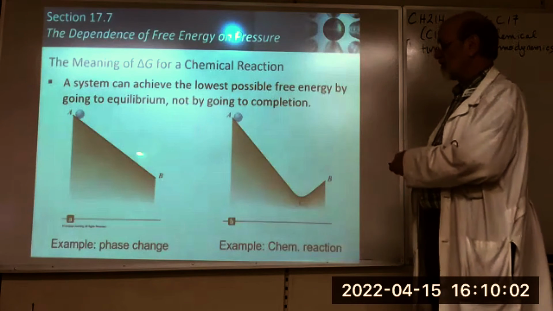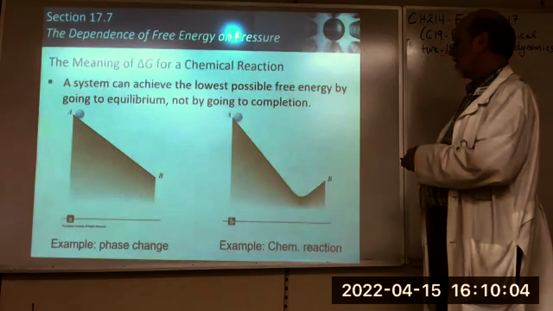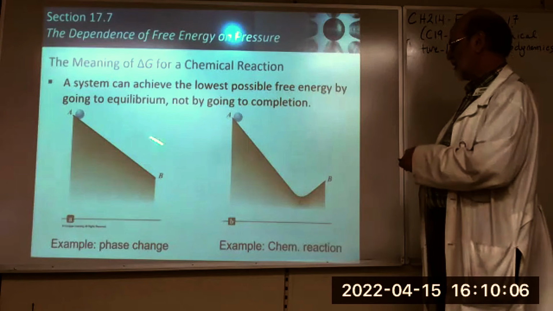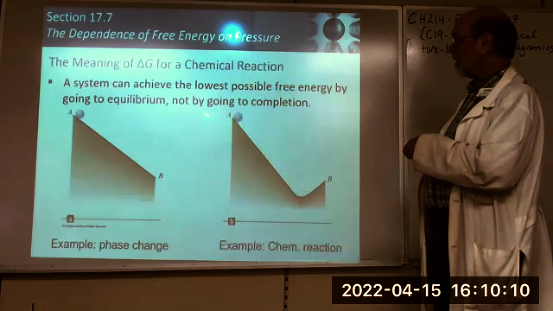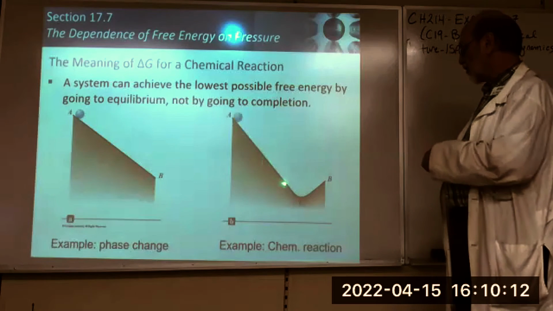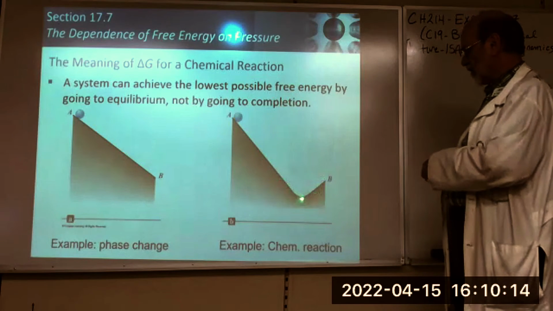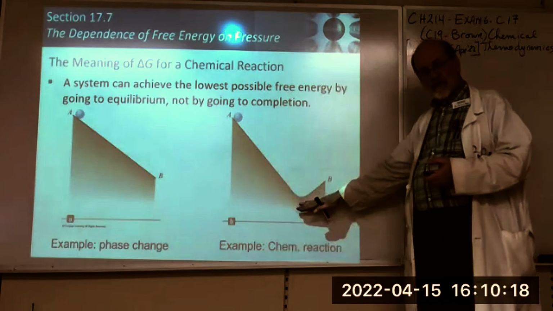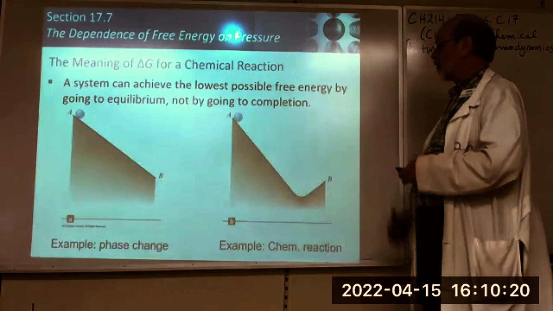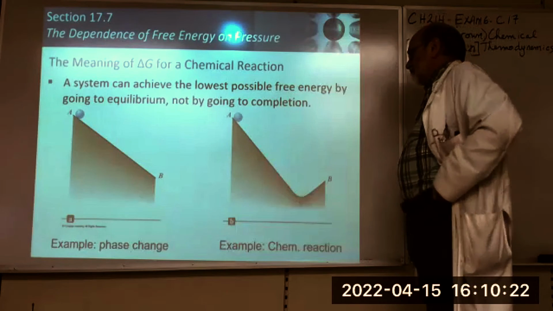It goes to completion, in other words. Whereas for a chemical reaction, as an example, we don't go to completion. We go to an equilibrium, right? We go to a lower energy profile for stability. That's where the reaction wants to go.